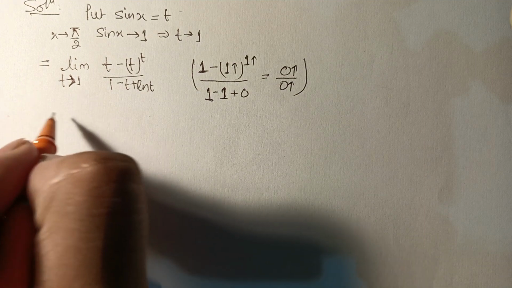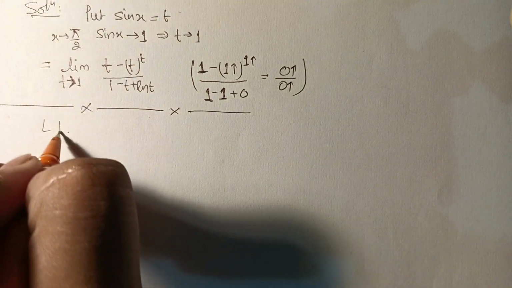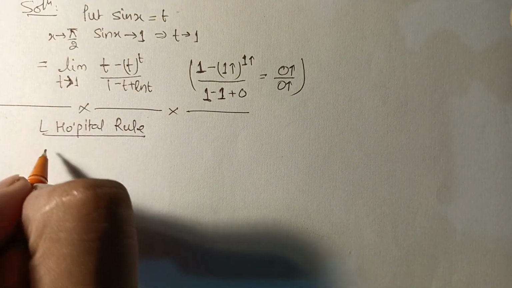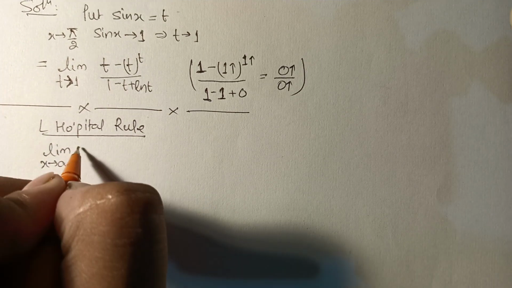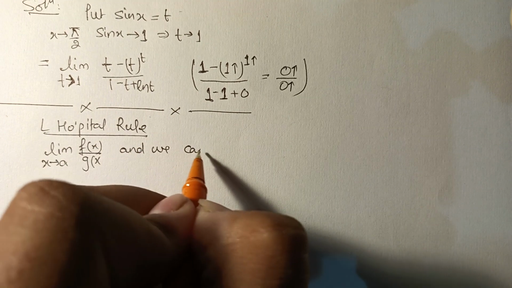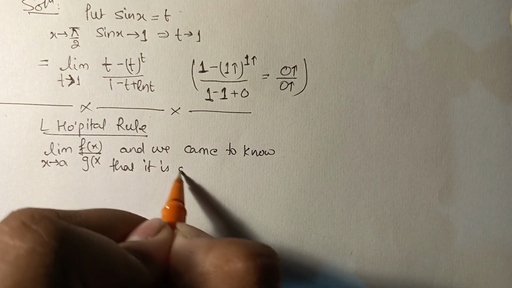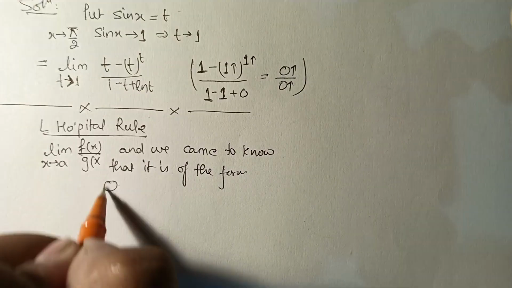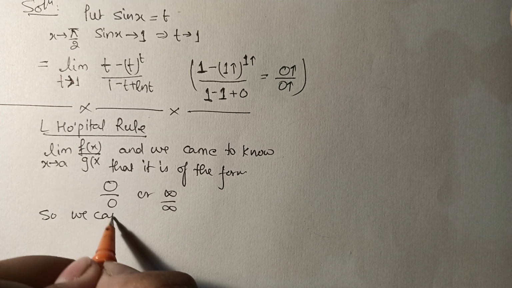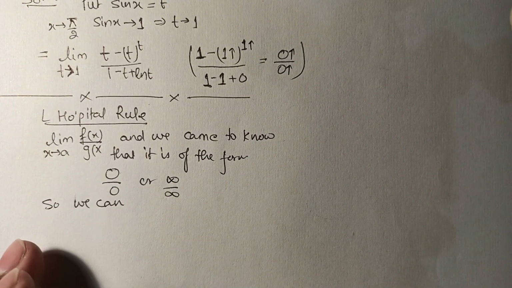It states that if there is a limit as x tends to a of f(x) by g(x), and we come to know that it is of the form 0 by 0 or infinity by infinity, then we can differentiate both numerator and denominator separately, and treat it as a separate limit.